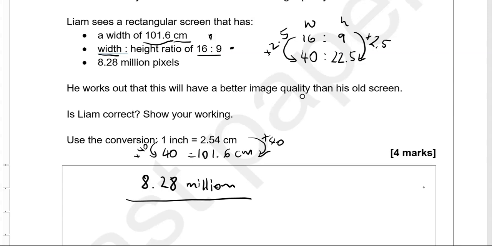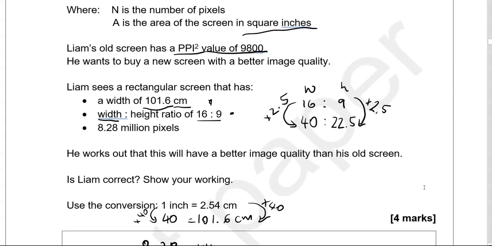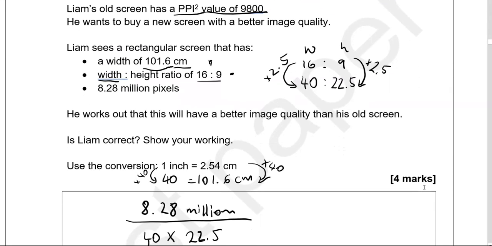So we've got both the width and the height. Now we can work out the area. So I'll put here 40 times 22.5 because that's what the area is equal to.